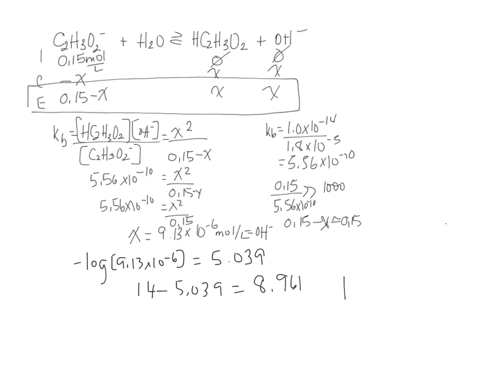So pH is approximately 8.96, which is slightly basic, which makes sense because acetate is a conjugate base of a weak acid.